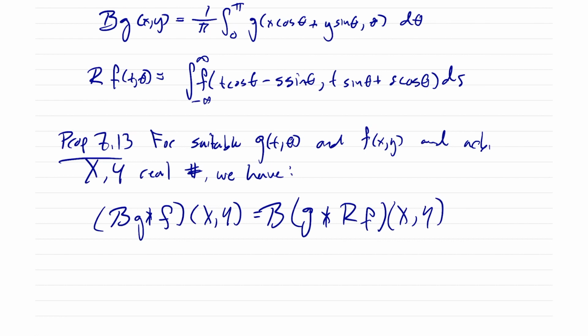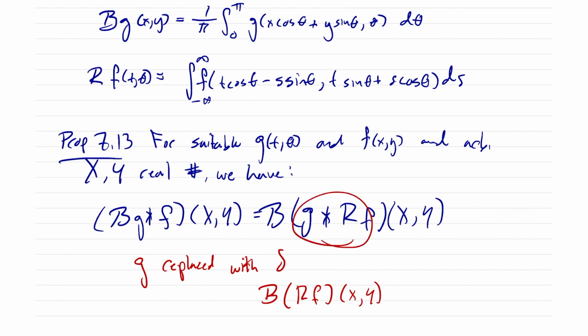If we replace g with the delta function, then on the right-hand side we get B of Rf acting on X, Y, because the delta function convolved with Rf is just Rf. And this would have been equal to the back projection of the delta function convolved with f at X, Y.